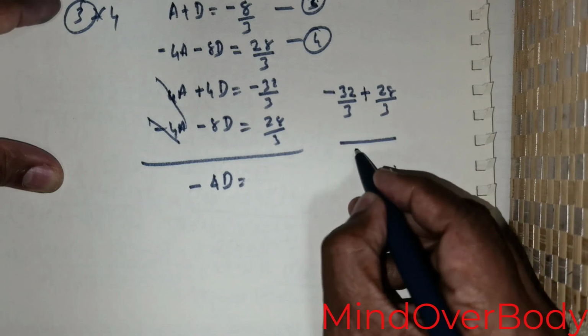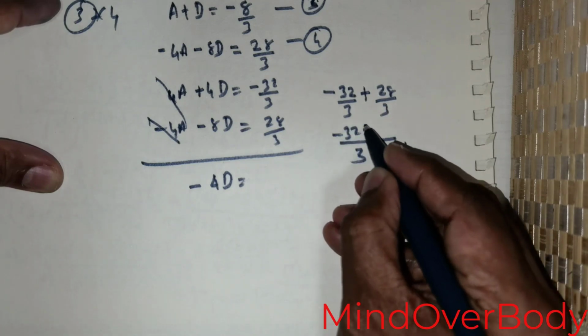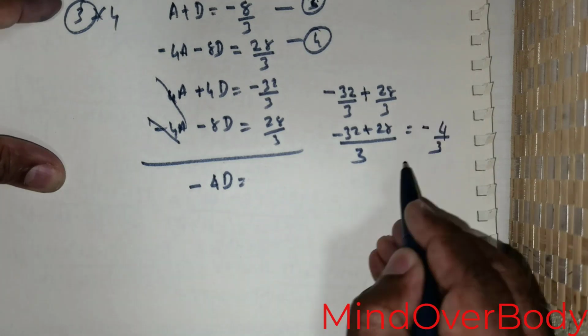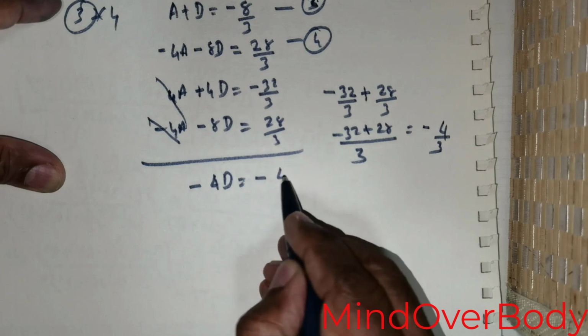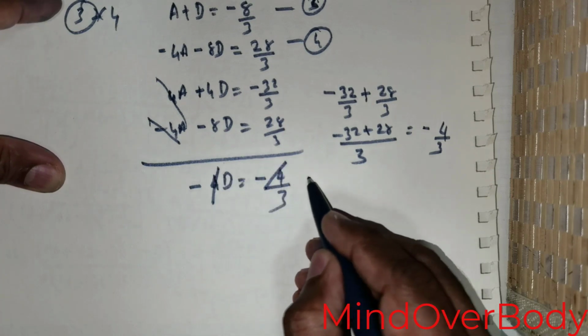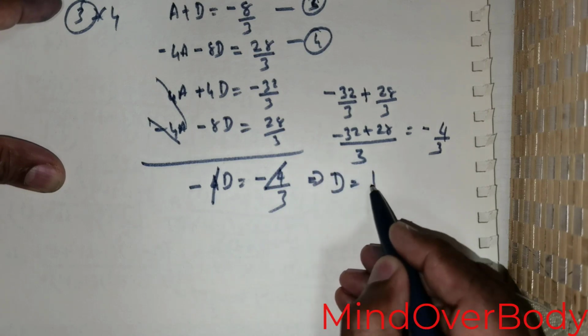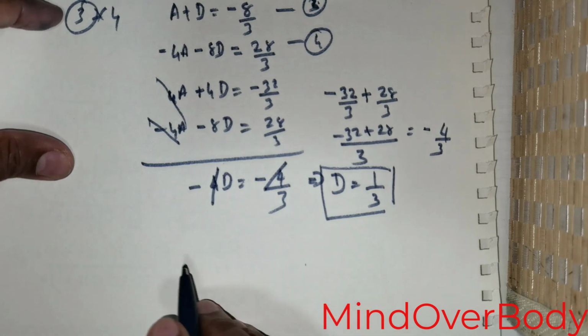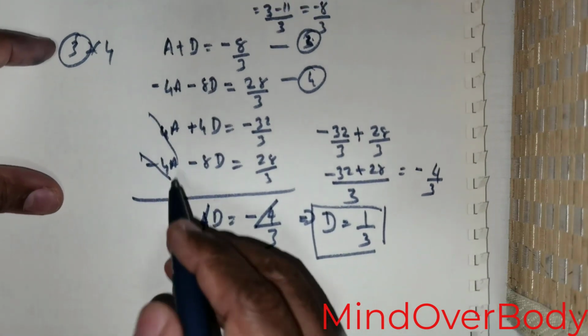So this is going to be 3 there, negative 32 plus 28, so that's going to give me negative 4 over 3. And I substitute here negative 4 over 3, my negative 4 gets cancelled. This means my d is 1 over 3. Now if my d is 1 over 3, I can substitute it here, right?